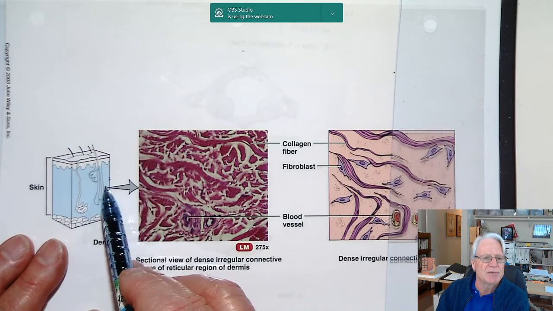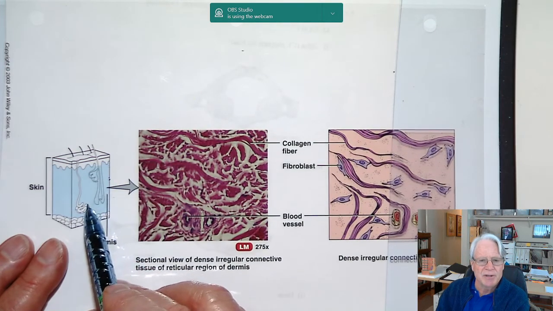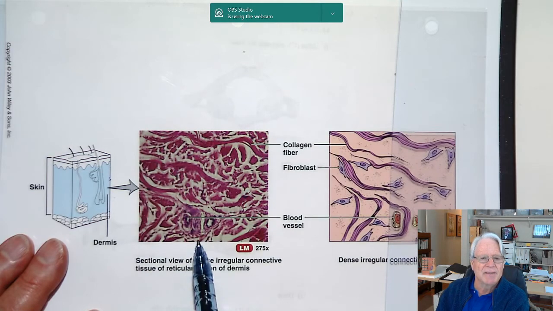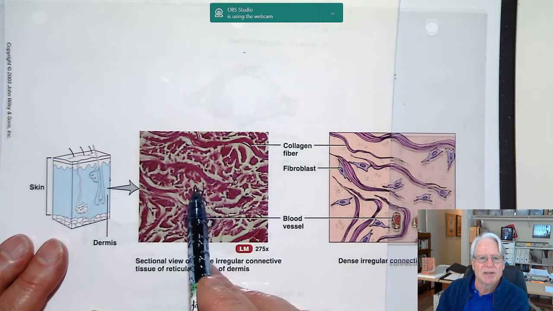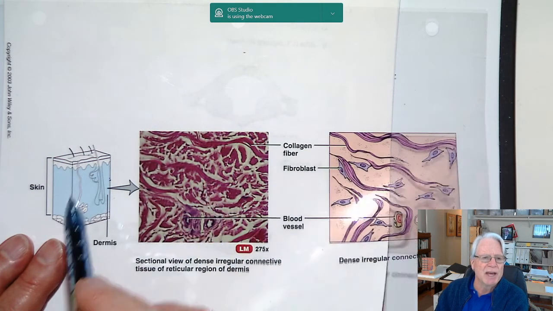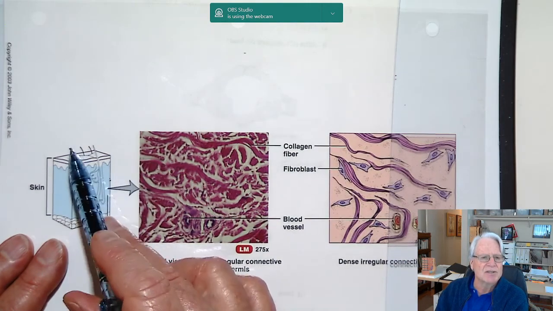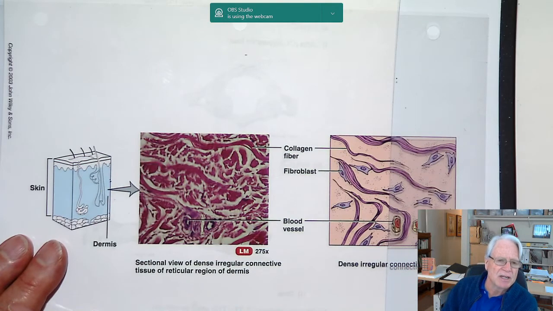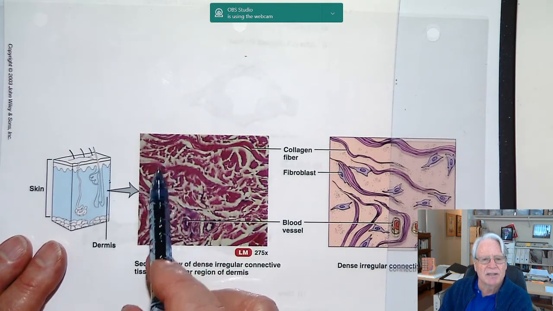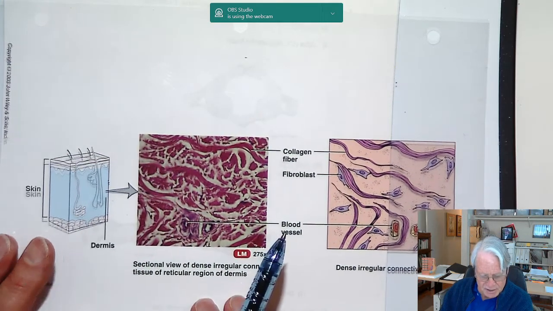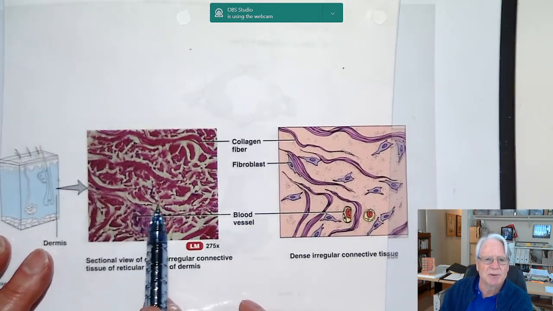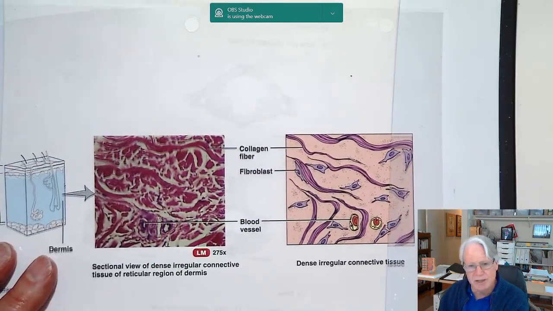And this is subdivided into two regions. One of those regions is the reticular region, and that has this dense irregular connective tissue. And if you imagine the skin is always being pulled in many directions as you use your body. So it is perfect for that kind of functionality. And as you can see, we have fibers running in multiple directions here. So that's dense irregular connective tissue.